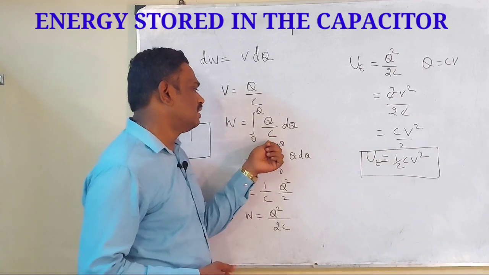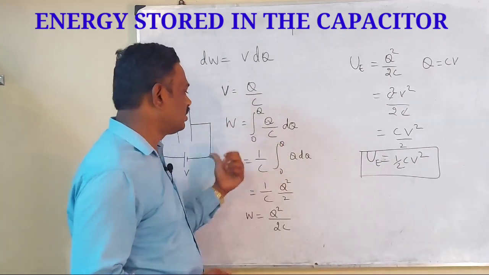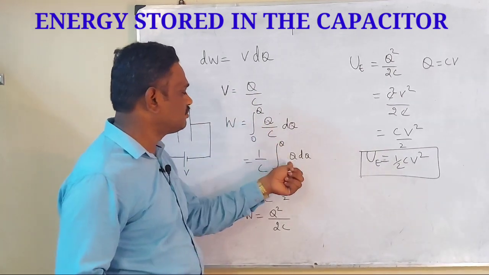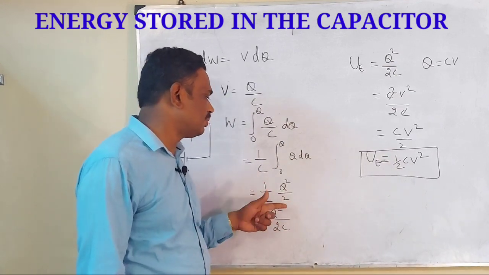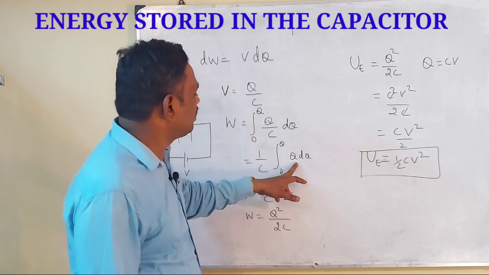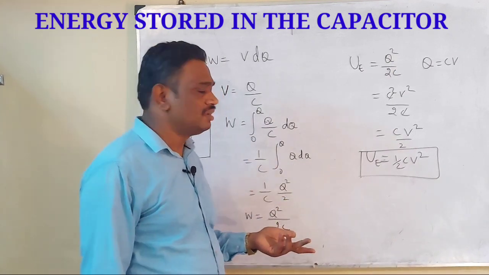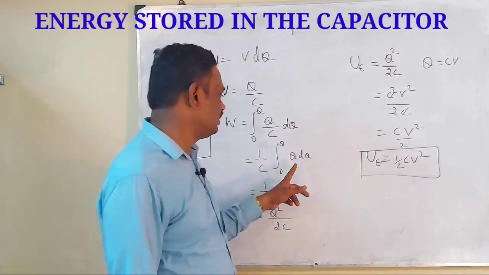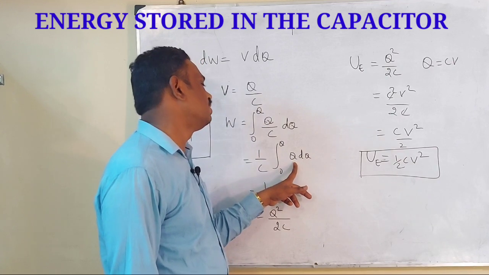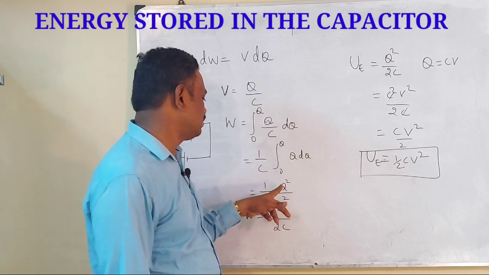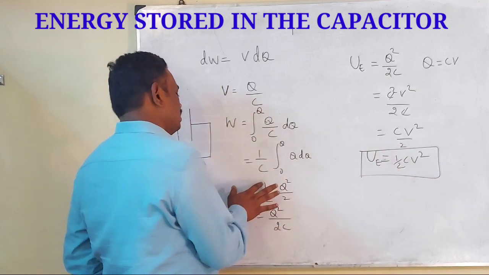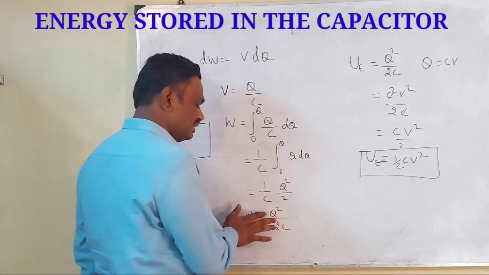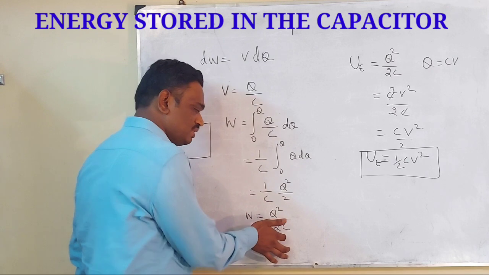Here C is a constant, so take it out of the integration; the remaining terms are q into dq. When you integrate this, we will get q square by 2. The integral of x power n dx is x power n plus 1 by n plus 1, so q power 1 plus 1 gives q square by 2. So 1 by C times q square by 2 can be written as q square by 2C.